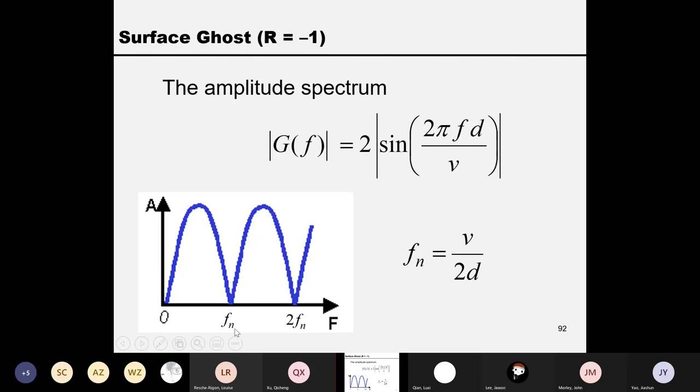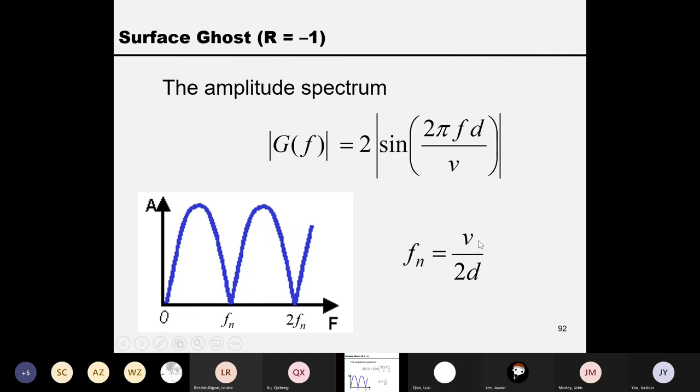Why I put N here: N is called notch. So in your seismic amplitude spectrum, horizontal axis is frequency, vertical axis is amplitude, and you can see the notch here. When you do the analysis of real data, you can see the notches here, right? So this notch is based on the velocity and the depth.